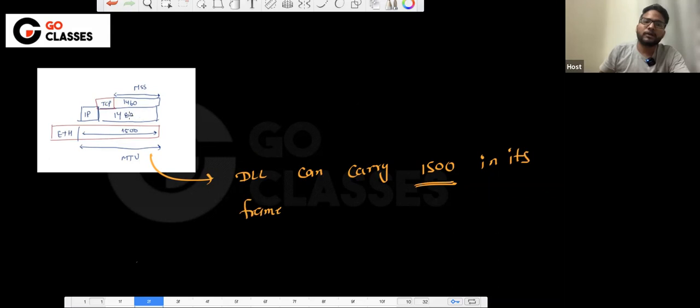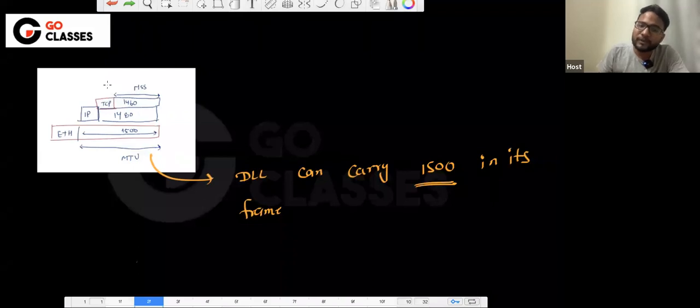If this MTU is 1500, and suppose the IP header is 20 bytes, then from the network layer perspective, you can carry only 1480 bytes of data. From the data link layer perspective, you can carry 1500 bytes, but from the network layer perspective, since there is one IP header, you can carry only 1480 bytes of data.